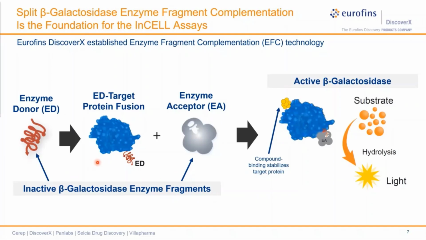Binding of ED to EA reconstitutes beta-galactosidase activity, which allows hydrolysis of added substrate, resulting in generation of a chemiluminescent assay signal. In InCELL target engagement assays, the target protein is tagged with the EPL tag. Addition of EA at the end of the assay detects increased levels of EPL tag target due to compound target engagement as increases in assay signal.